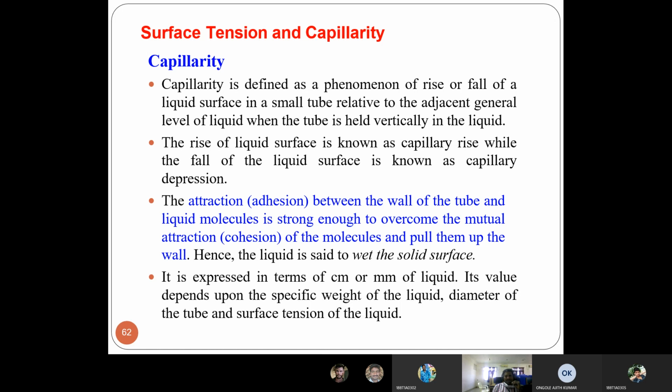Whenever you dip or insert a glass tube with two openings, top and bottom, in the liquid, what will happen? The liquid level may rise up into the glass tube, or the liquid may fall in the tube.